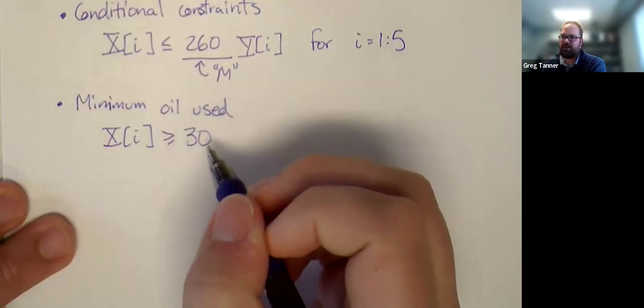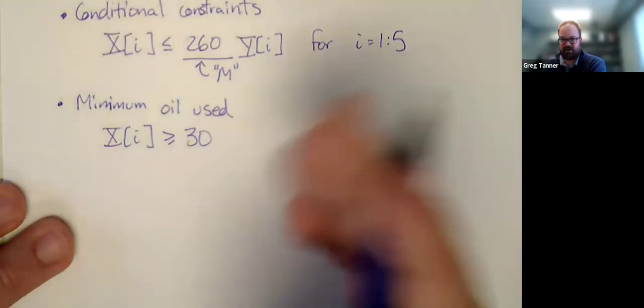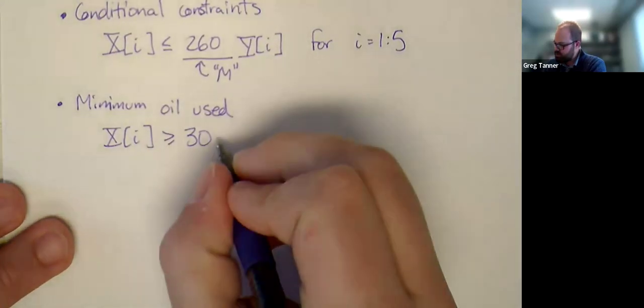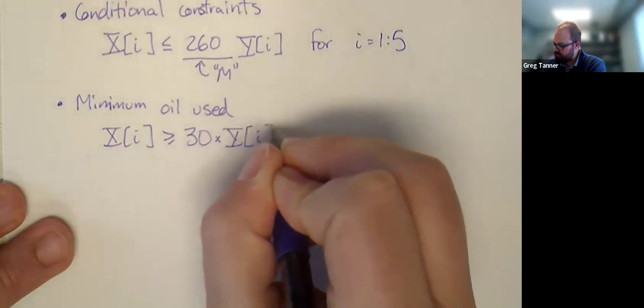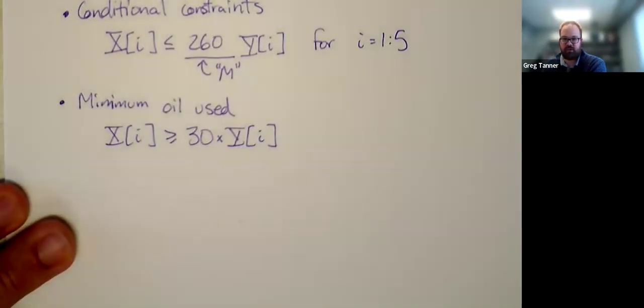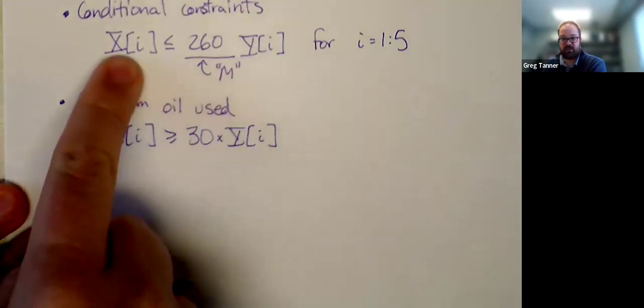So this is very similar to our tips and tricks of how to turn off a constraint when we only have to satisfy some, but not all. And so we're going to turn it off by multiplying it by yi. If yi is 0, that will force xi to be 0 up here.